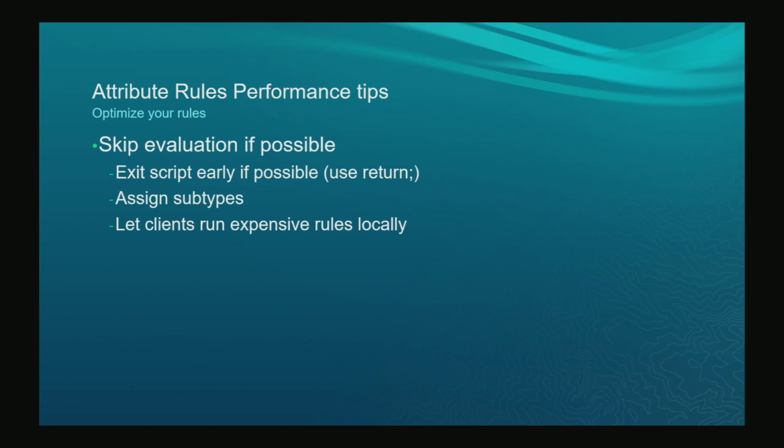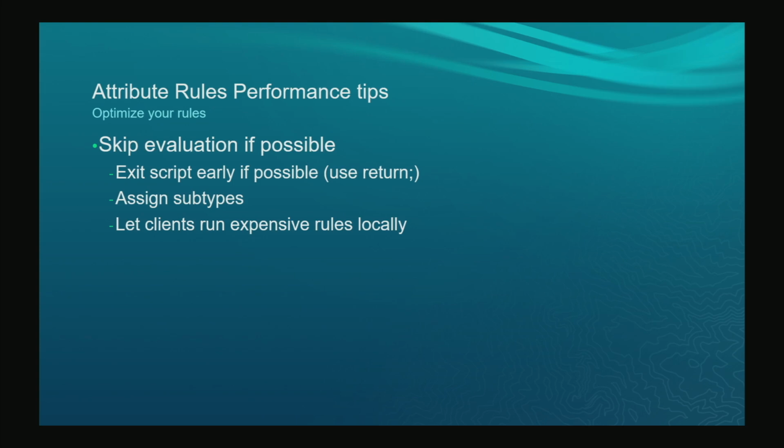Another option is to let clients run expensive rules locally. This is tricky to do, but you can do it. If you allow client evaluation and you're doing a spatial query, and the client, like ArcGIS Pro, has a feature cache, you can execute that spatial query locally and populate whatever value you have, and the rule will run locally, and then you send the edit.